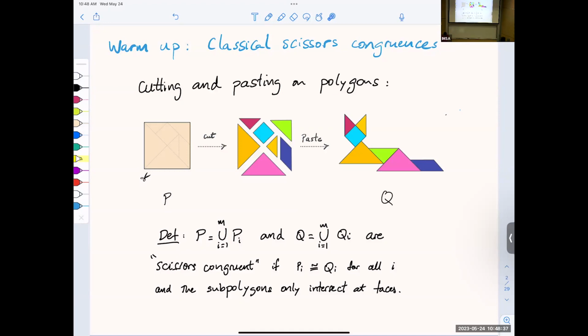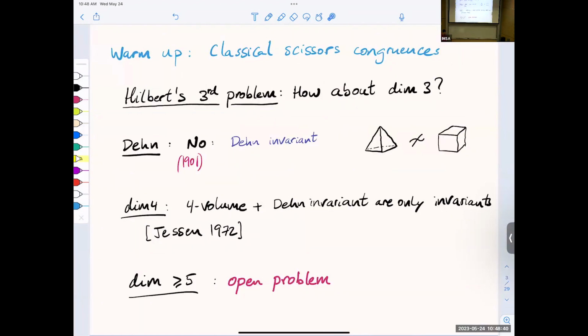Okay, so this is the warm-up. As I said, of course, that was a very classical problem, going back to the Greeks essentially. But it has a historical importance because trying to generalize that idea of cutting and pasting of polygons into higher dimensions was essentially Hilbert's third problem.